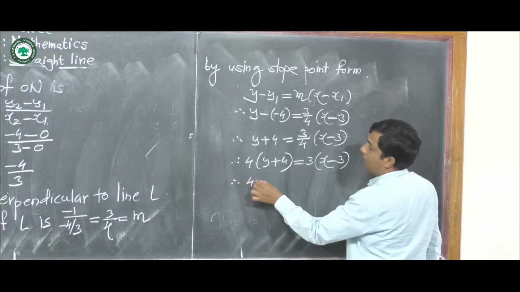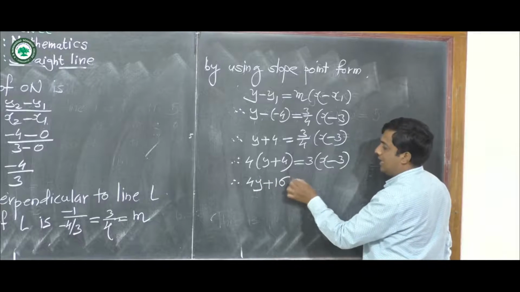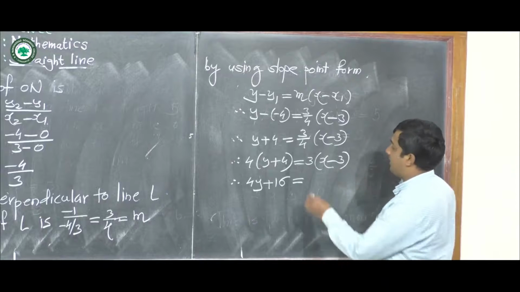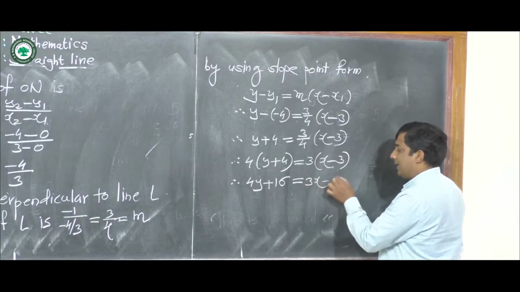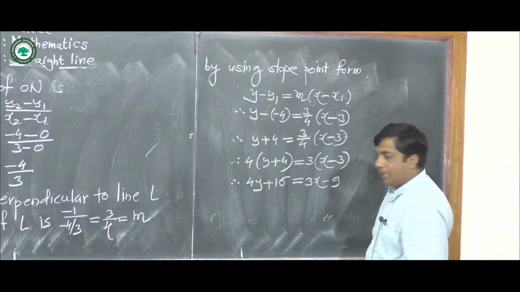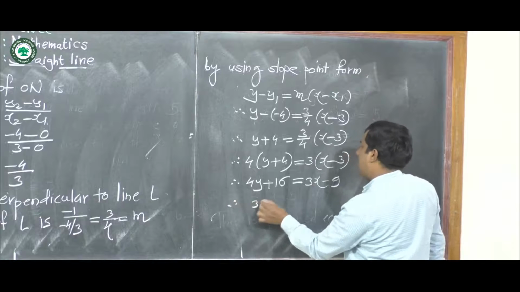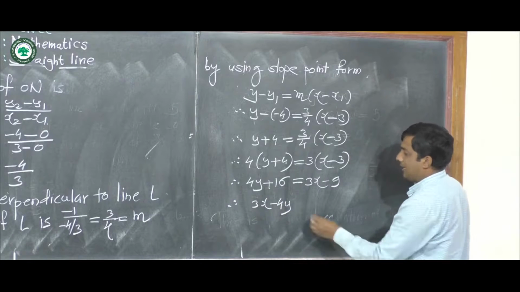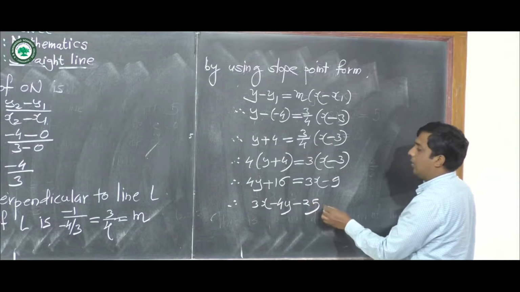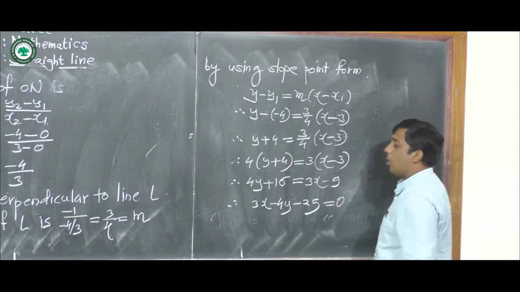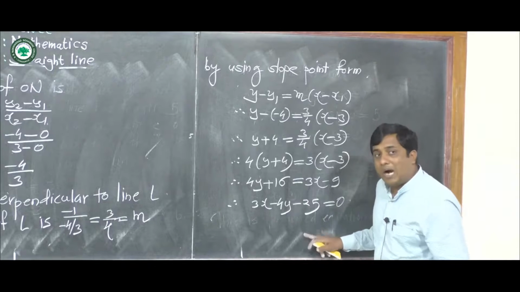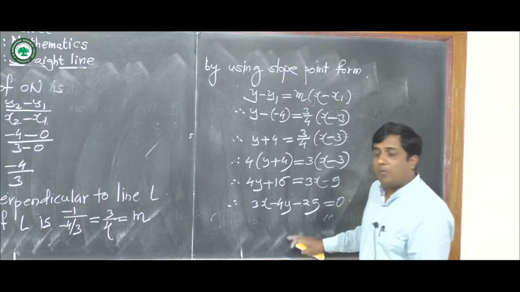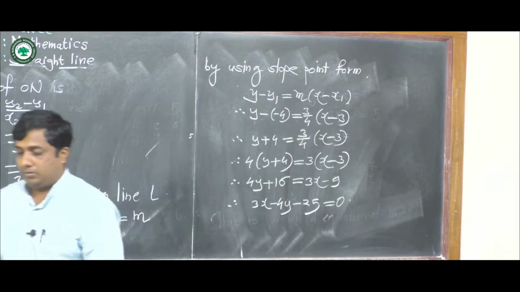If we multiply, we get 4y plus 16 equal to, then we multiply second bracket by 3, we get 3x minus 9, and in last here we get 3x minus 4y minus 25 is equal to 0, and this is the required equation of the line.